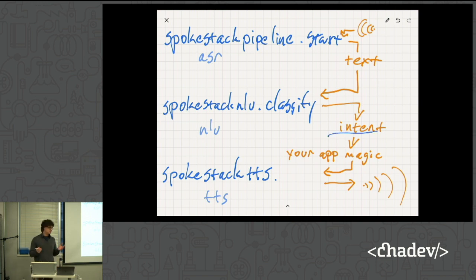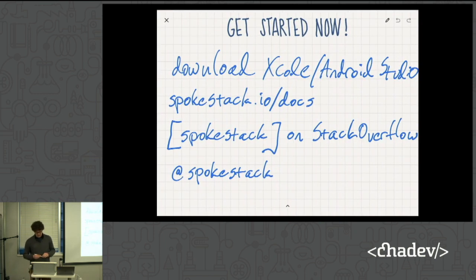Once you get the intent out of there, your app decides what to do. That's where your app magic happens. Then you're ready to maybe say something back to the user. That's where you say Spokestack TTS.speak. And we play back the synthesized response for you. There'll be a lot more detail about that slide later.